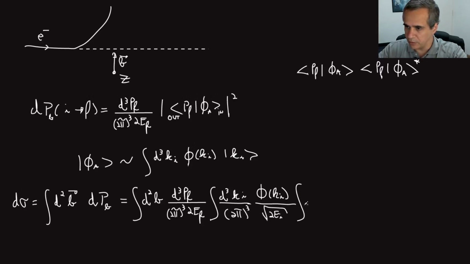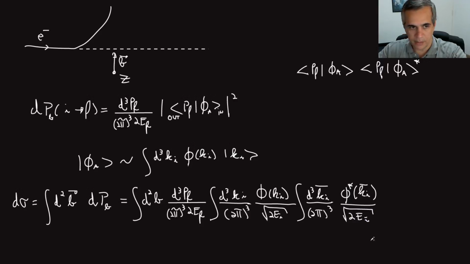Now for this part I have d3k_i bar phi star of k_i bar over the same normalizations, square root of 2 E_i bar.